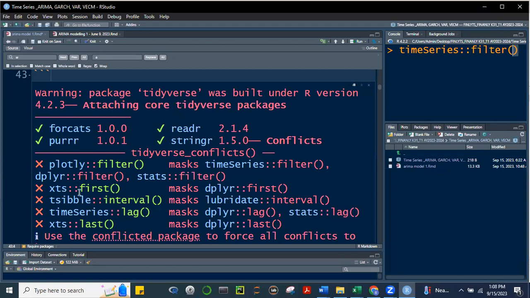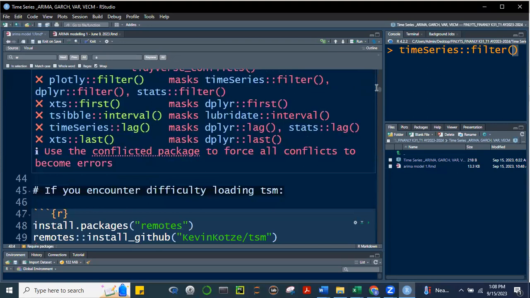Same thing here, the XTS, the first function here, will mask the dplyr function, etc. Okay, so that's just a warning. That's just information that we need, especially if you're going to make use of these functions, as I mentioned a while ago. So kunyari, you're going to make use of the interval function coming from lubridate. Then you will have to make sure that it is written lubridate, then double colon, then interval.